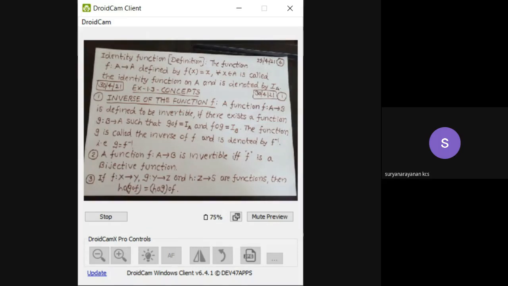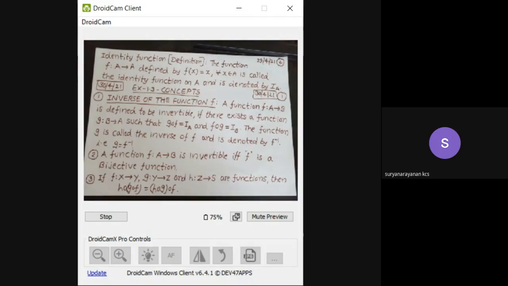F is a mapping from A to B. Listen carefully, my dear children. I'm not writing on the screen. Pay attention here. F is a mapping from A to B. G is another function, a mapping from B to C.